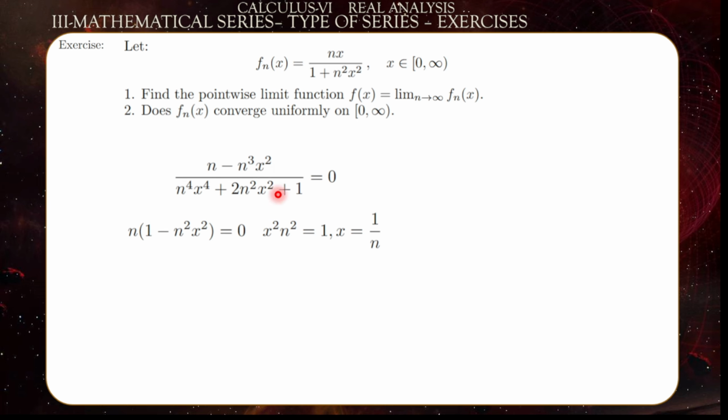Hence you factor out n, and we end up with x squared n squared equal to 1. Hence you have x equals 1 divided by n. This is the value for which the derivative becomes 0, the value of x for which the derivative levels out.